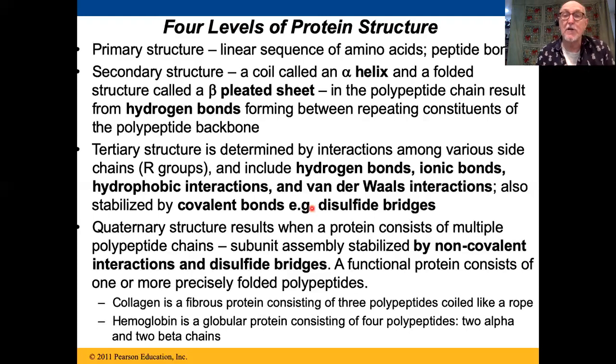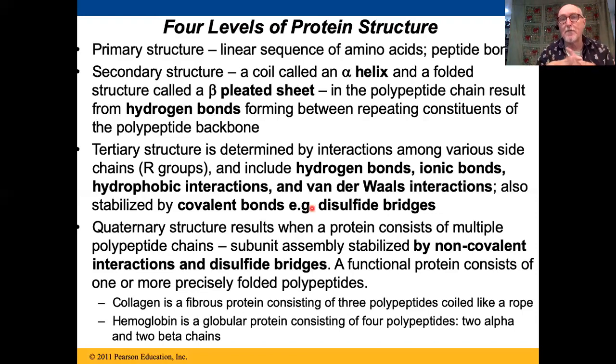That we call quaternary structure. And again, in that quaternary structure, the links between the proteins can be by covalent or non-covalent bonding. Very often it's just by hydrogen bonding, things like that. But you can have disulfide bridges that stabilize the quaternary structure.